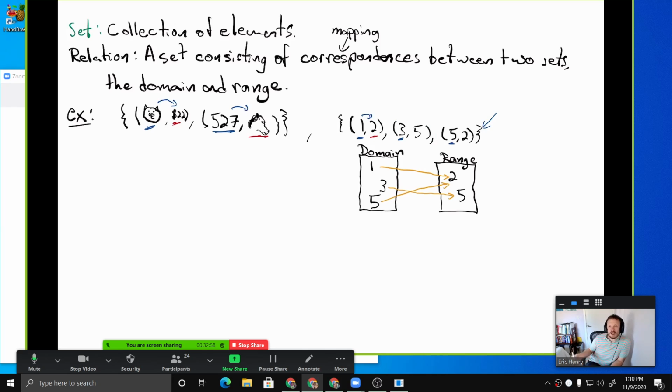So the combination of those 3 arrows makes up our relation. The relation is the 3 arrows. Sorry, horrible handwriting.